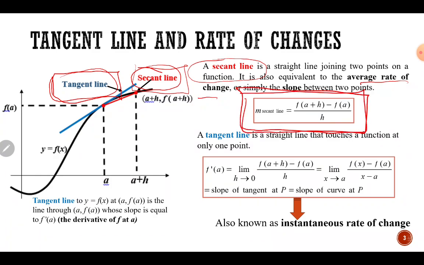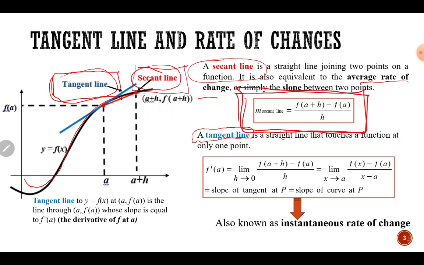Because a secant line is a straight line connecting 2 points on the curve, whereas a tangent line is a straight line that only touches one point of the curve, yang hitam ni.